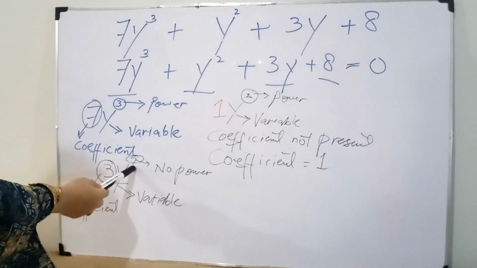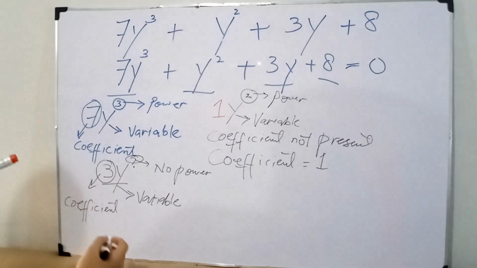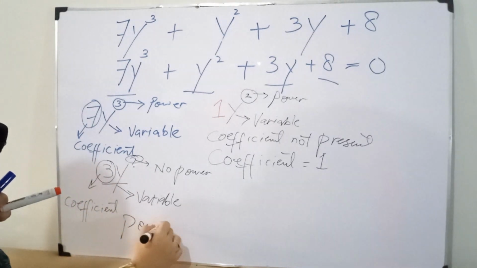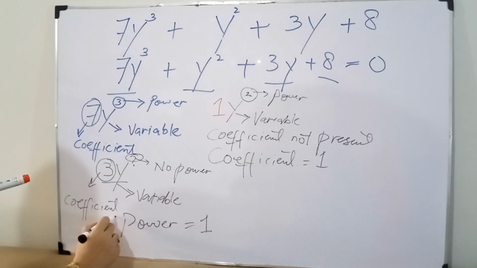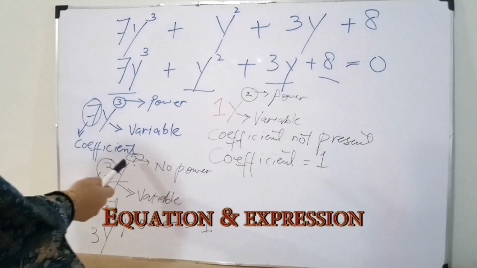Power is not present, but it doesn't mean the value of power is 0. Here again the power is 1. And you can write again 3y raised to 1, but you don't need to show the power 1. So we write only 3y.